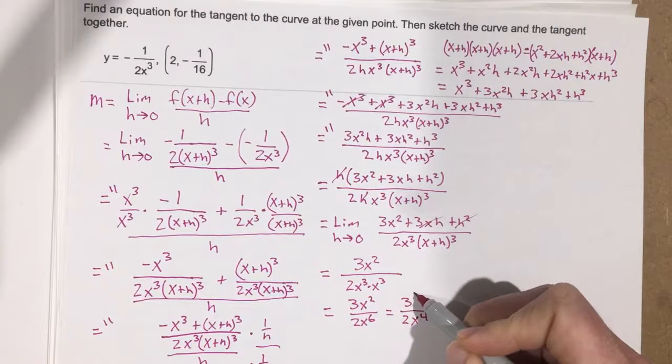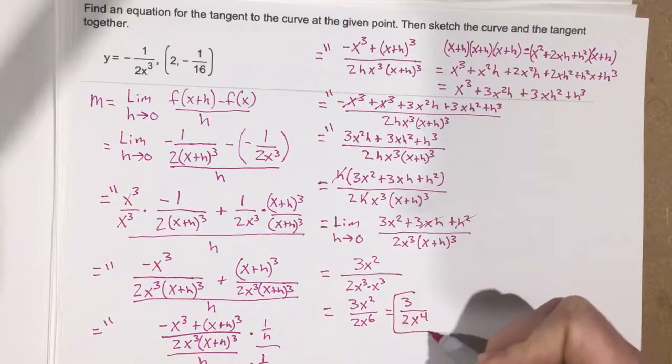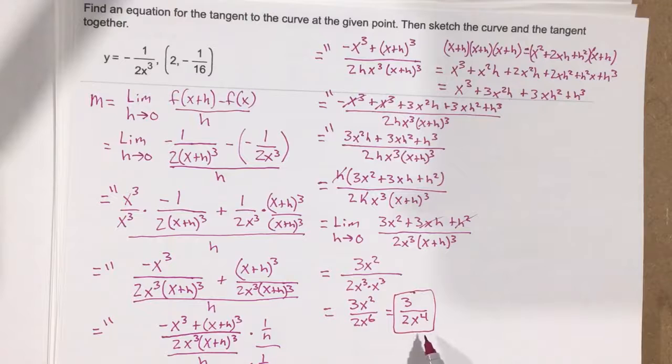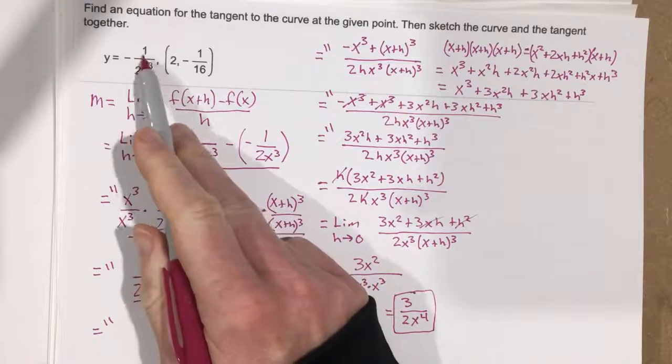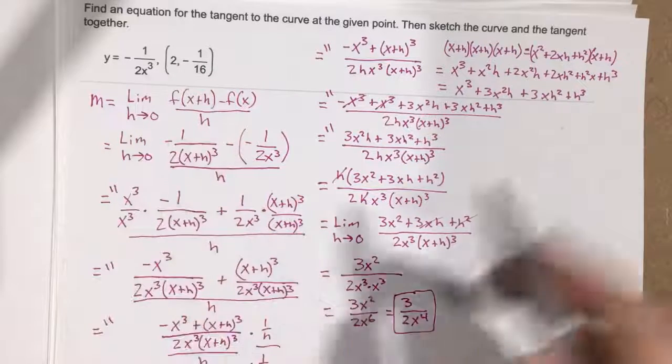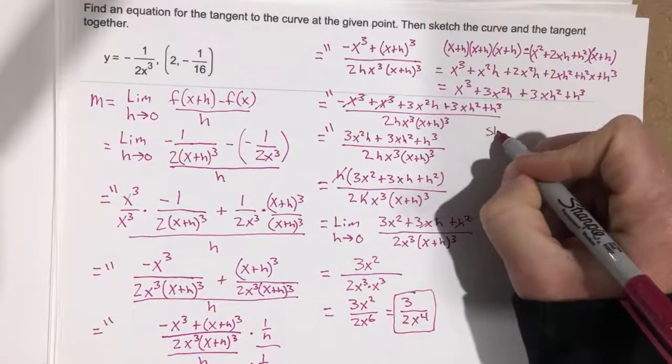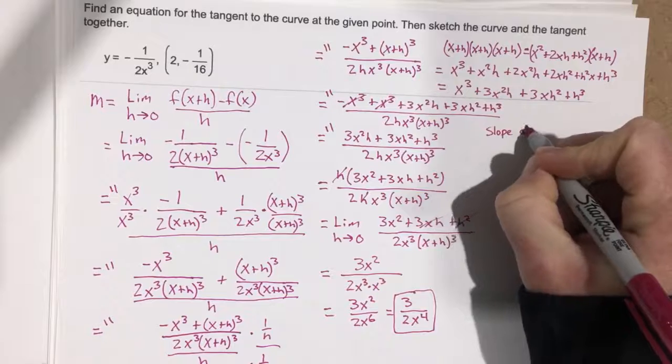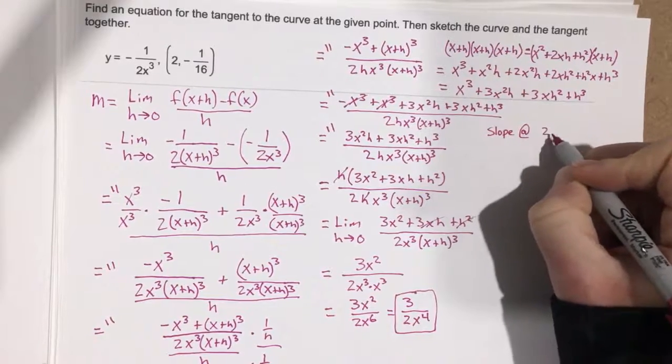This is the expression for the slope at any point on this line, but they want us to find the slope at this point, so we want to say slope at (2, negative 1/16).